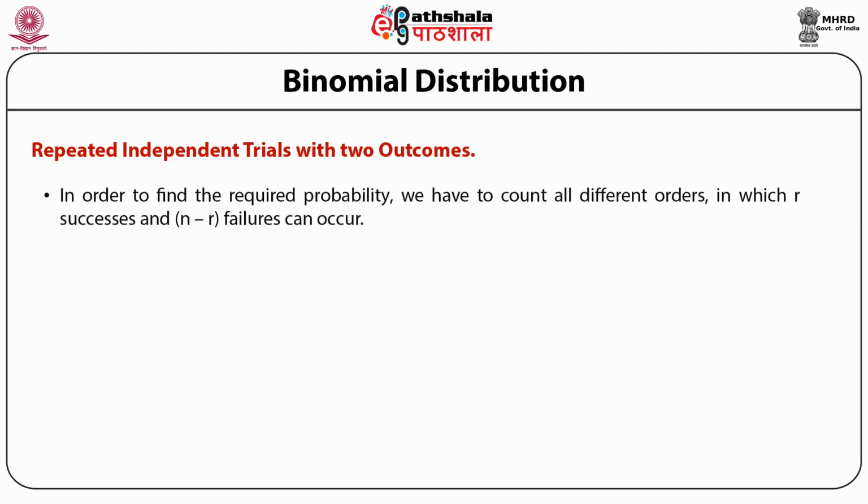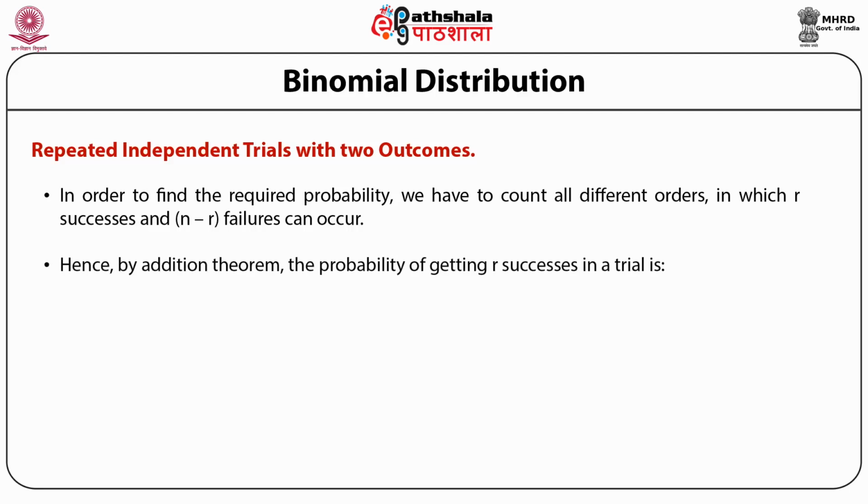In order to find the required probability, we have to count all different orders in which r successes and n minus r failures can occur. This is in fact all possible arrangements of n letters, of which r are S for success and n minus r are F for failure, and is equal to nCr, which is written as n factorial upon r factorial into n minus r factorial.